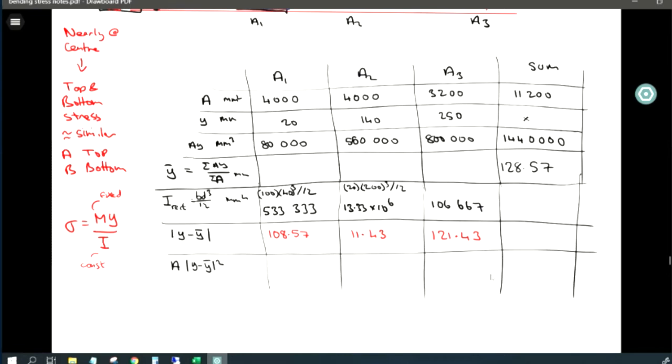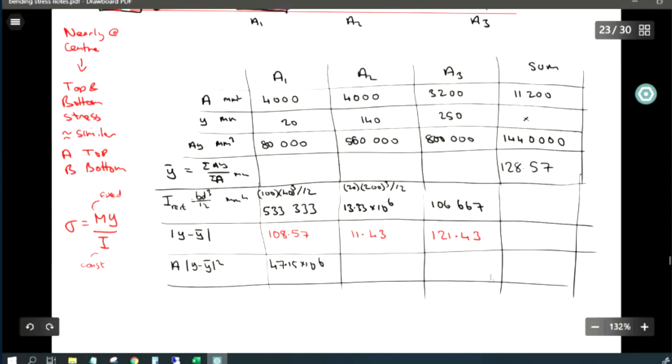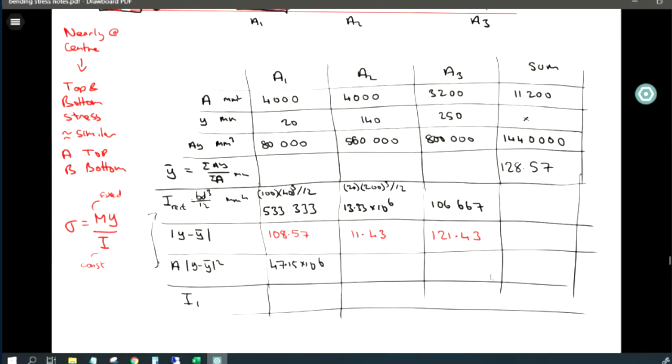It's 47.15 by 10 to the 6. And if we add these two together, you get the I of that shape about the centroid. And that would be, it's not going to make much of a difference, 5333333. 47.68 by 10 to the 6.